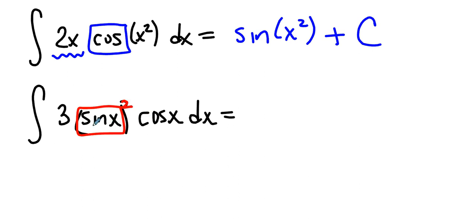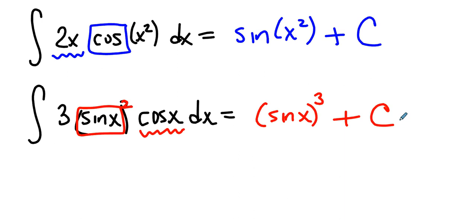So maybe it's sine cubed of x squared. How would we check ourselves? Well, we'd take the derivative of something cubed, and the derivative of something cubed is 3 something squared, that's this part, times the derivative of what's inside parentheses. And so we know that we're right.